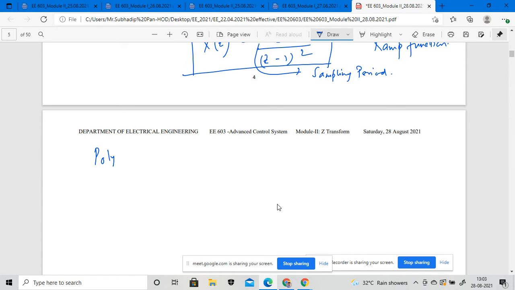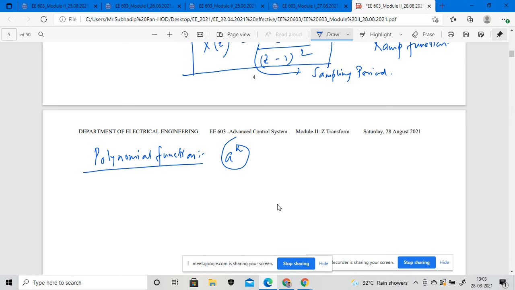Okay, so polynomial function. This is another type of function which is applicable for the z transformational mode.